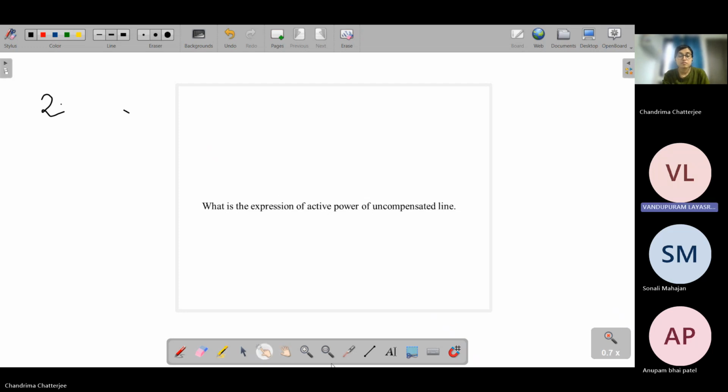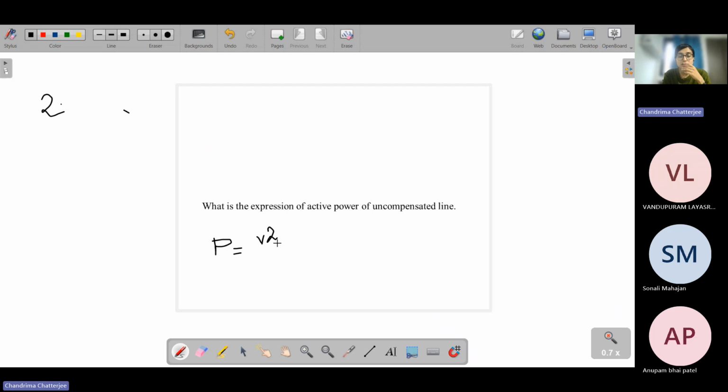2794.622 sine delta, ma'am. Okay, just a minute, I will just write it. So P equal to, I am not writing Vs or Vr separately because their amplitudes are same.